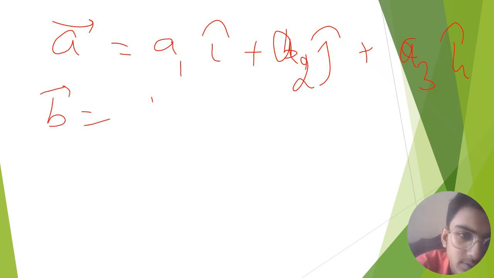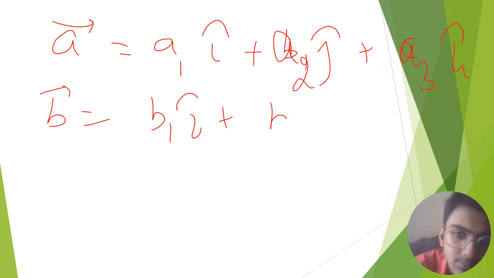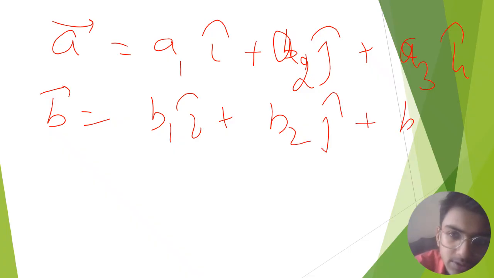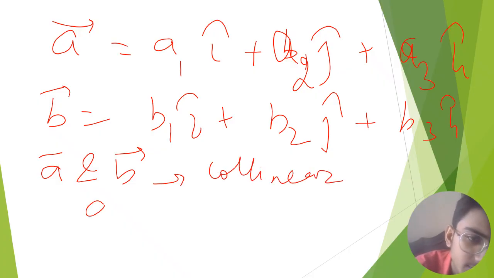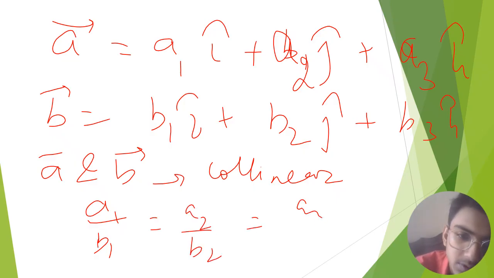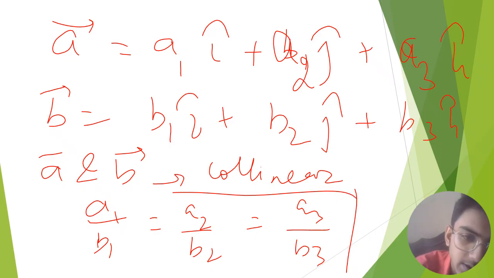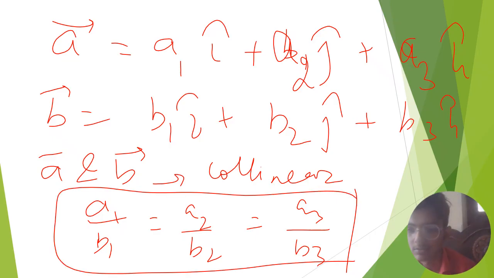B vector is, suppose, b1 i cap, b2 j cap, b3 k cap. Now if I'm saying A and B are collinear, or I need to check whether it is collinear or not, then I'll just find the ratios. a1 by b1 equals a2 by b2 equals a3 by b3. If it is coming like this, it means the vectors are collinear in nature. Otherwise it is not collinear in nature.